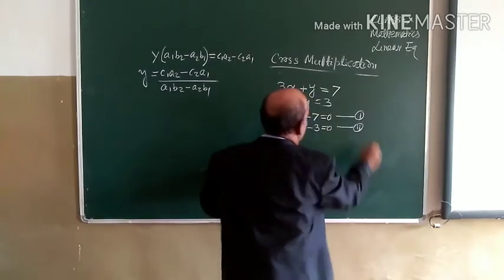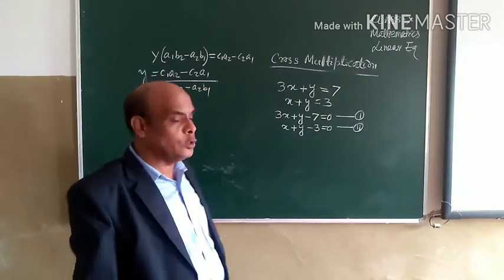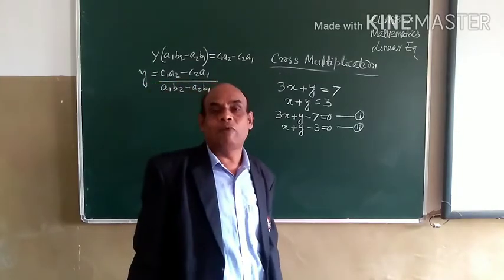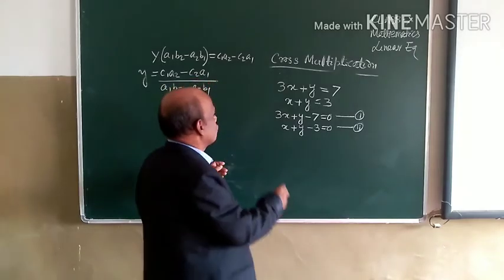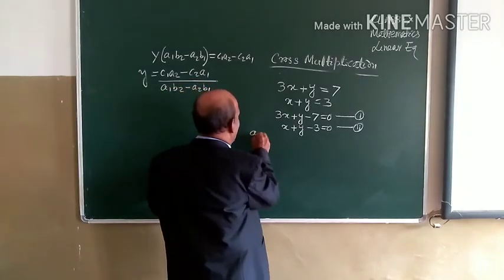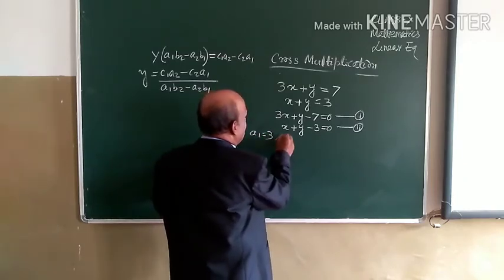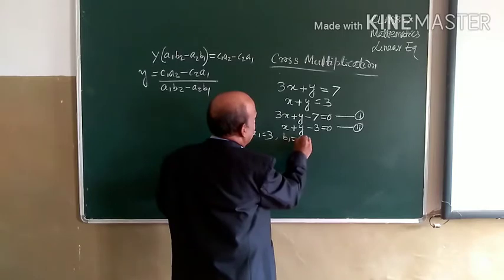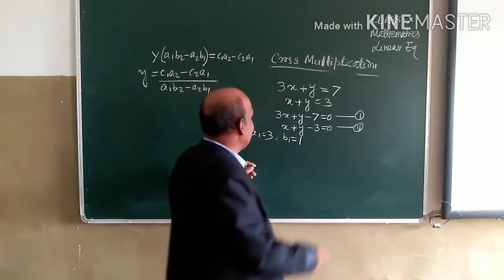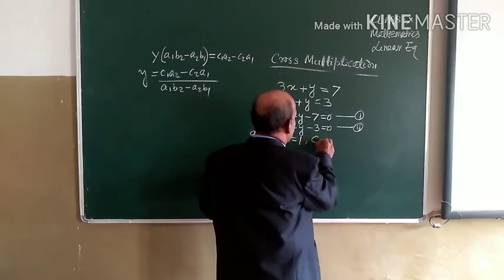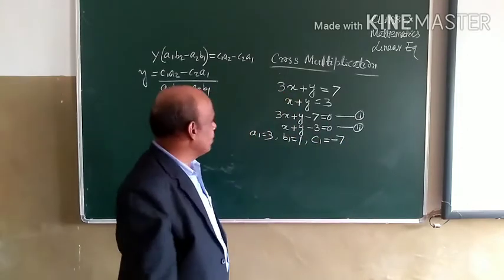This is the second equation. So now we have to identify a1, b1, c1 and a2, b2, c2. Here a1 is equal to 3, b1 is equal to 1, the coefficient of y, and c1 is equal to minus 7, the constant term.